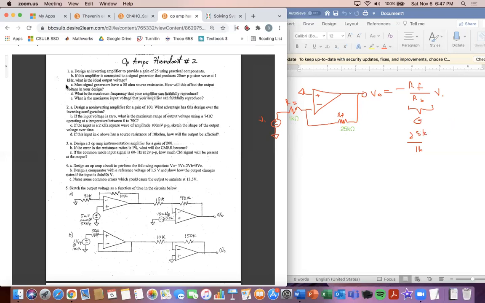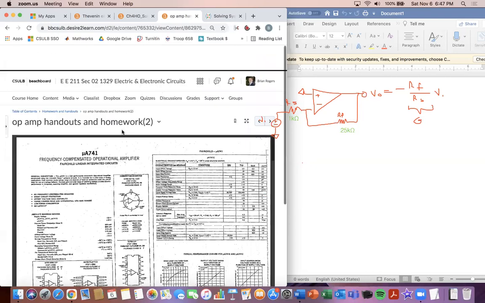Okay. Now I had a question for this one, because you know how the equation for the gain is negative RF over RS. Why don't we do, or what happened to the negative there? Okay, the negative, do you guys remember, going back to the regular comparator. Let me not spend my time drawing that.